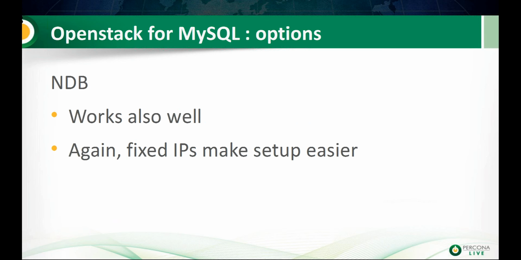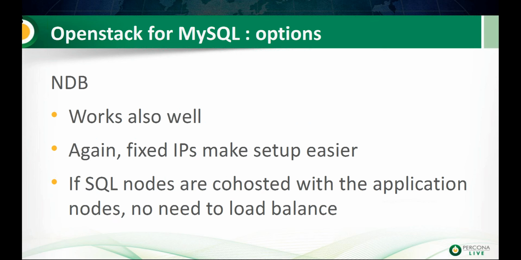I'm repeating myself, but fixed IPs here are very good. It simplifies a lot. The good point is if you don't have too many application nodes, by too many I'm talking less than, let's say, 250, you can easily co-host a SQL node with each application node.